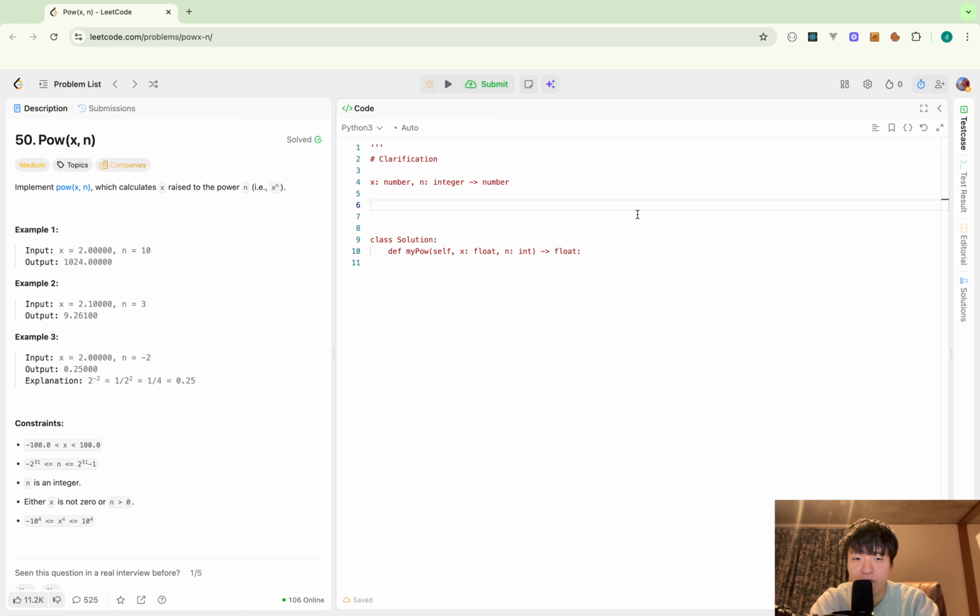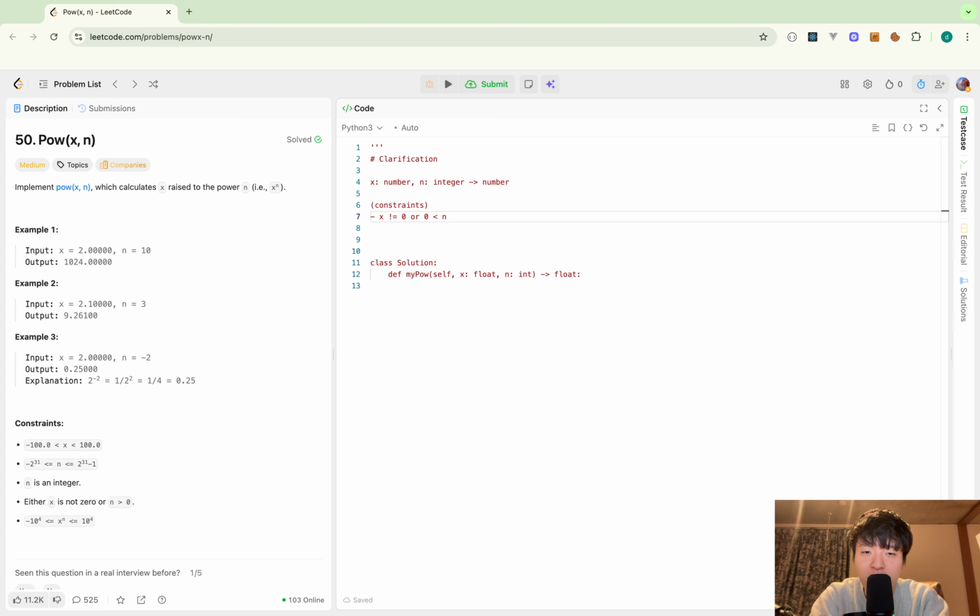And as the constraint, x is not 0 or n is larger than 0. If x is 0, what happens is n is larger than 0.